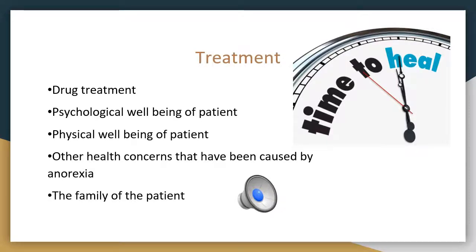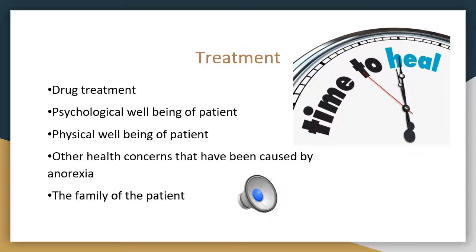And then there are also other conditions that need to be treated, like heart conditions or bone conditions. These cause other serious health concerns, because with purging and restricting, the body's not getting what it needs to do what it's supposed to. And that's one of the things that makes this disorder so dangerous.